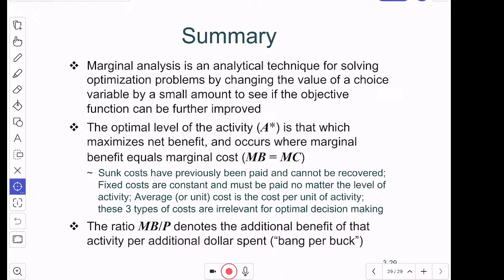The optimal level of the activity, A star, is that which maximizes net benefit, and this happens to occur where the marginal benefit is equal to marginal cost. And then I said ignore these things. The ratio marginal benefit per price denotes the additional benefit of that activity per additional dollar spent.